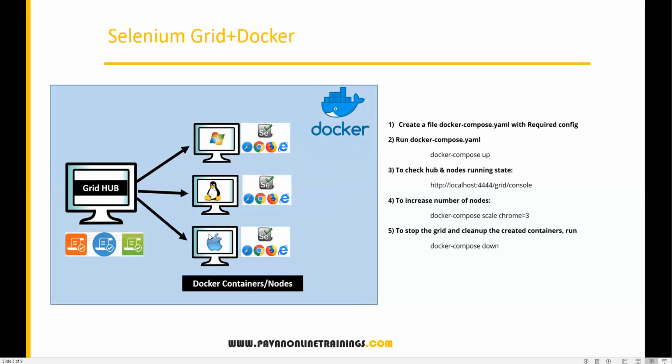We'll distribute our test cases across multiple containers here, and accordingly it will choose the proper browser and the test cases will be executed. So the advantage of Docker here is that it comes with the containers, so we don't need to explicitly do the grid setup. Okay, so that's the advantage of Docker.